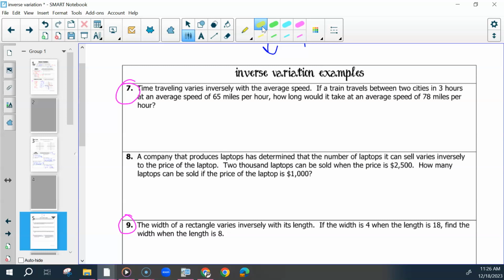What is important? 3 hours. Okay, the 3 hours, time traveling, varies inversely, those words specifically. What else? 65, 78. 65 miles per hour, average speed, 78 miles per hour. So all of those things you can highlight or underline.